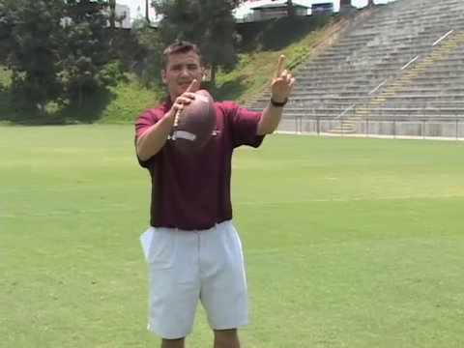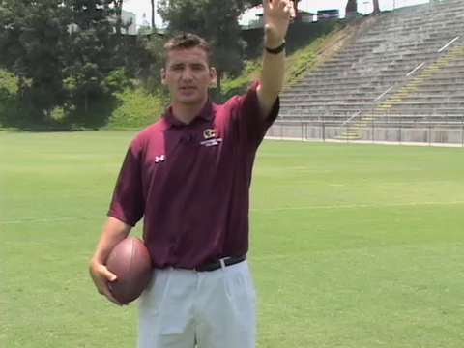If there are two safeties and the safeties are at a depth pre-snap to where they can get to the sideline and cover the deep halves, let the corner squat up, the corner will be the curl flat player in that case. So it's important that you understand the curl flat player is going to start out at a wider depth than in the previous safety structure.